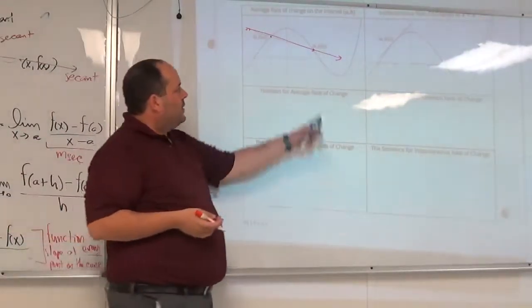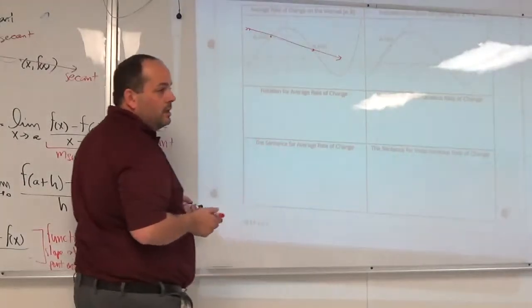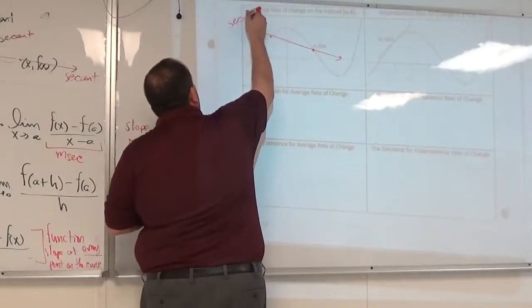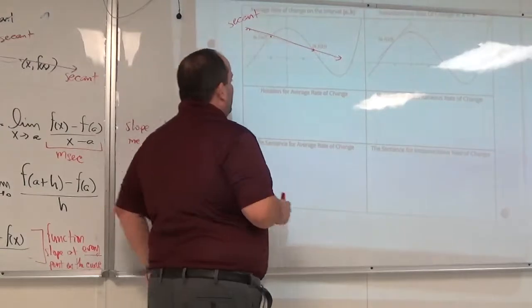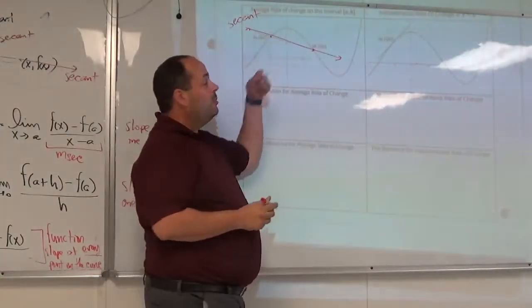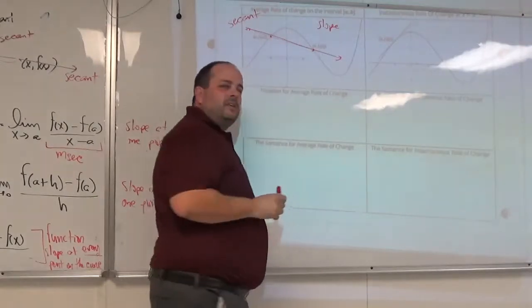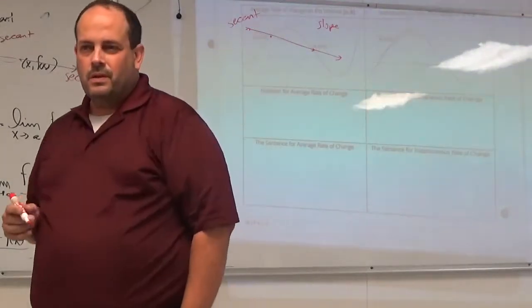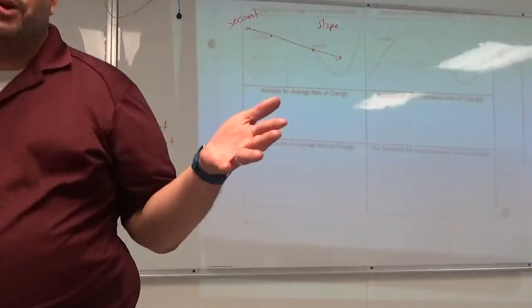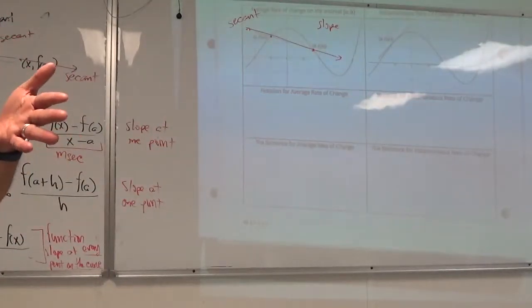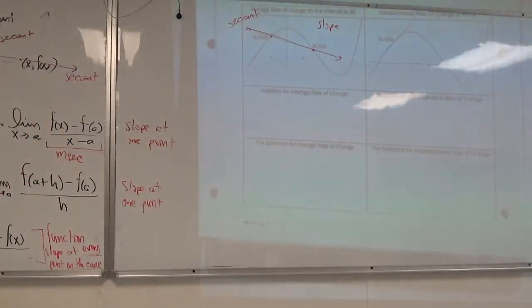But Pedro, what kind of line is this red one? It's a secant line. And I might ask you to find the slope. Slope was a word that we used a lot. There was another word that you used in Algebra 2. You'd also call it, anybody remember AROC? Rate of change, but be specific.